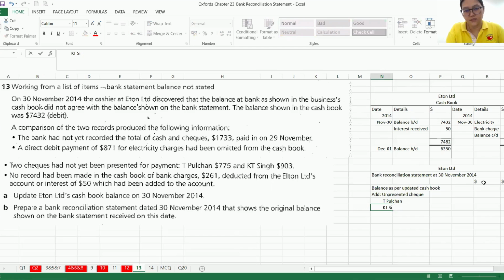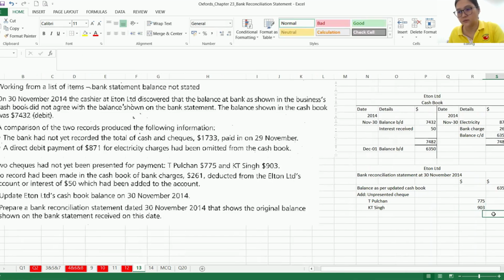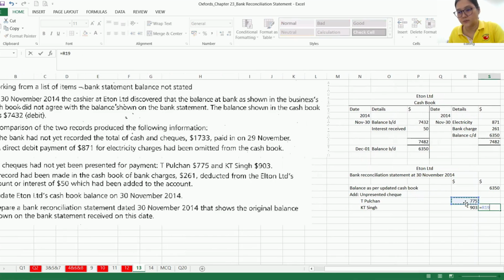Okay, we put in the amounts first, 775 and then 903. These two are added together.